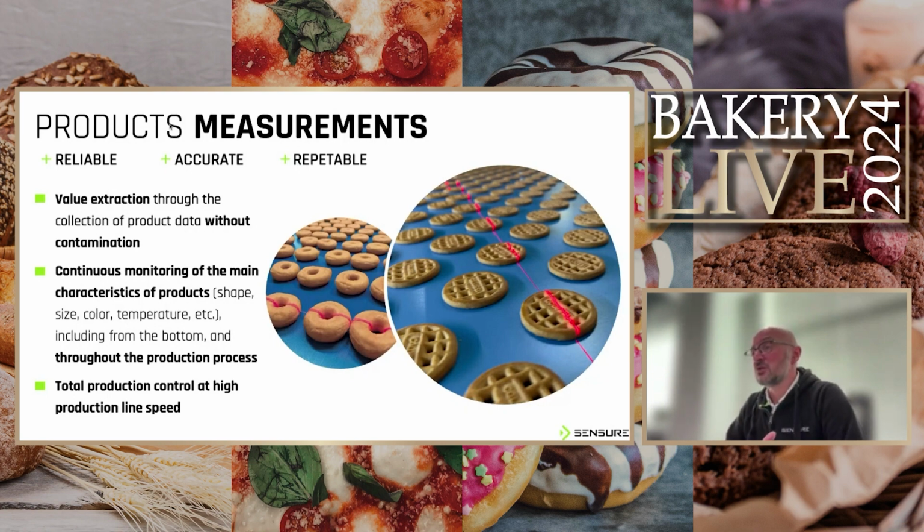There are applications with 12,000 biscuits per minute that can be analyzed and measured by a vision inspection system. So the data collecting step is the first step if you want to start with an AI process in your factory, in your industry.